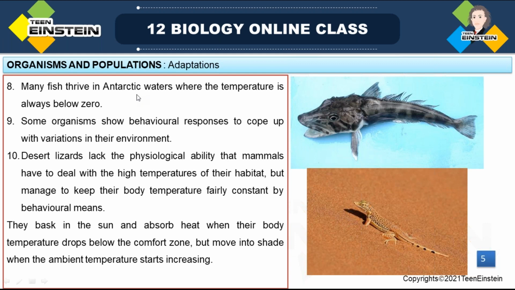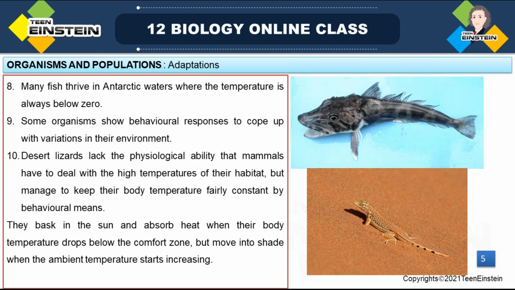Because the body fluid of these Antarctic fishes contains antifreeze solutes. These are solutes having anti-freezing property, present in the body fluid. With the help of these antifreeze solutes, they can keep their body fluids from freezing.